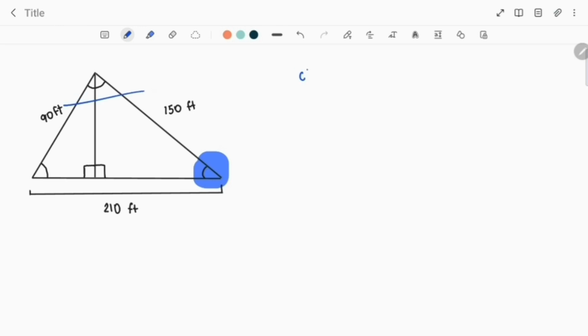So let's begin. c squared is equal to a squared plus b squared minus 2ab cosine of c. Plug in the values, we'll get 210 squared is equal to 150 squared plus 90 squared minus 2 times 150 times 90 times the cosine of c.